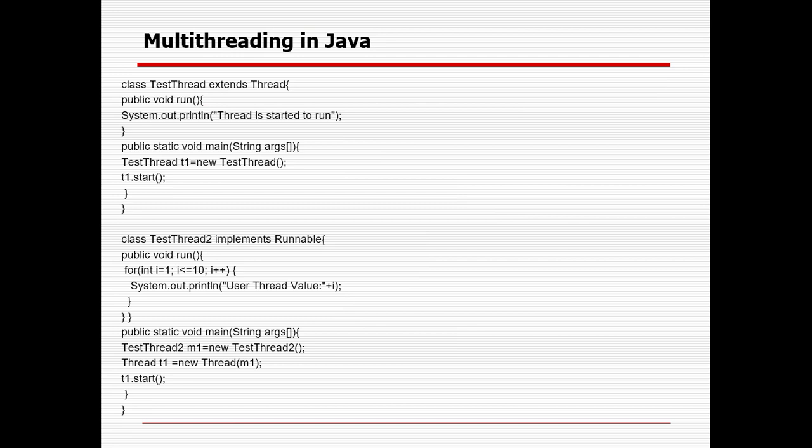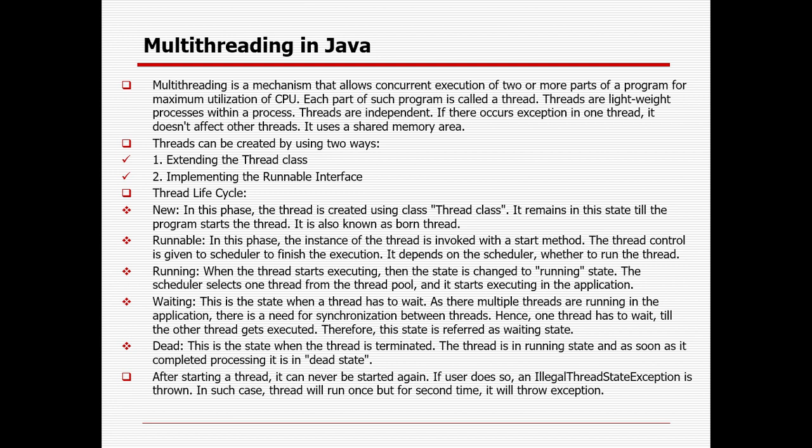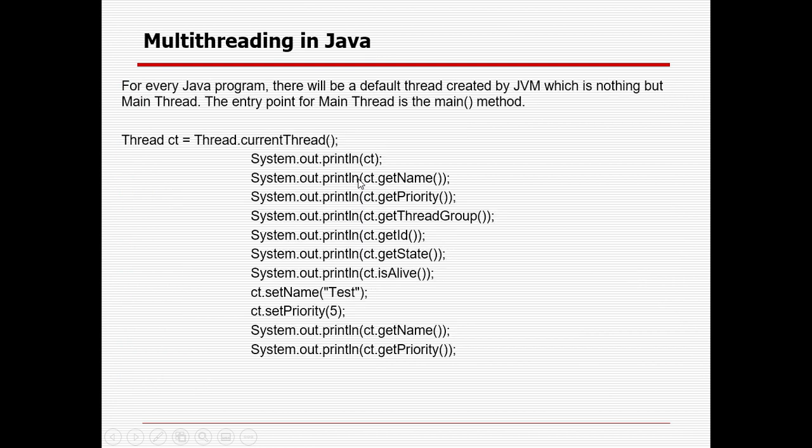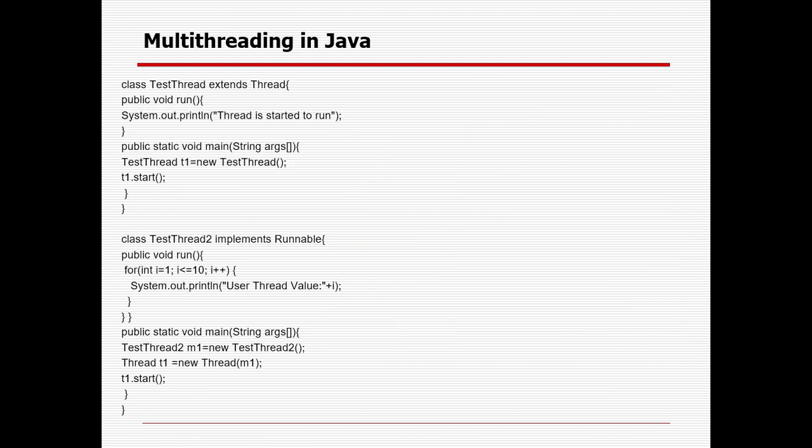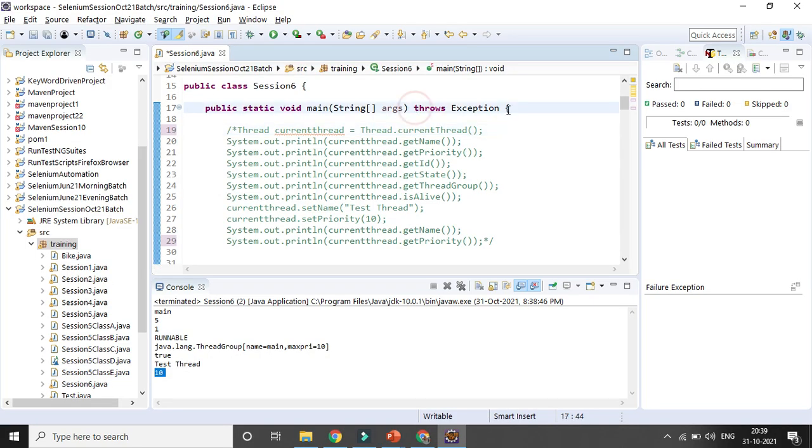So whatever class I have created, I need to extend to the Thread class. Here I do not even need to remove anything, that's fine. Extends Thread class. Okay, I think that's all.